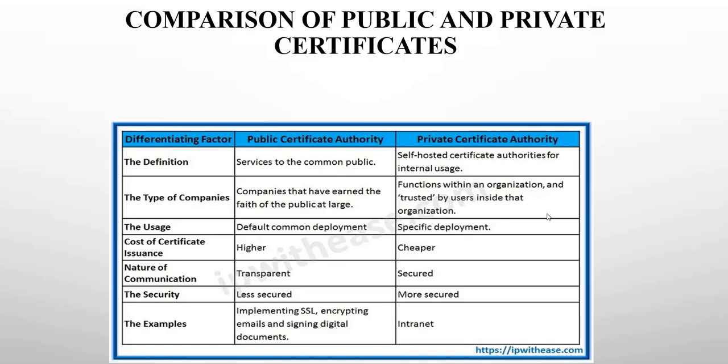Next, the usage. The public can be a default, common deployment. In the private, we use a specific deployment. Compared on cost, public is higher and private is cheaper. The nature of communication: public communication is transparent, everyone can easily access this, and the private is secured communication, so only organization users can communicate.